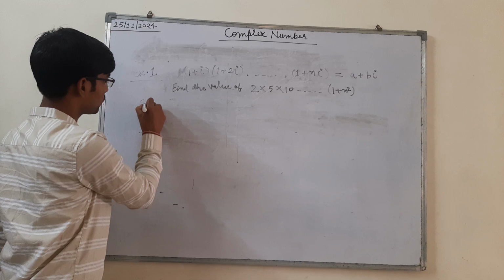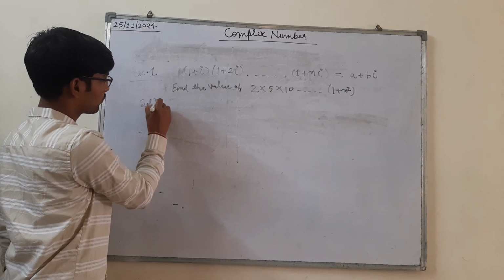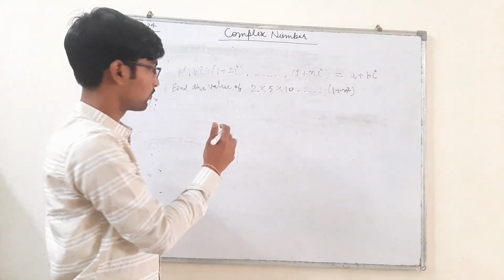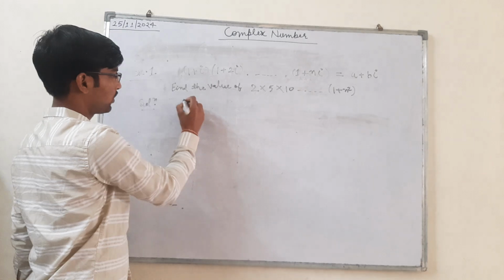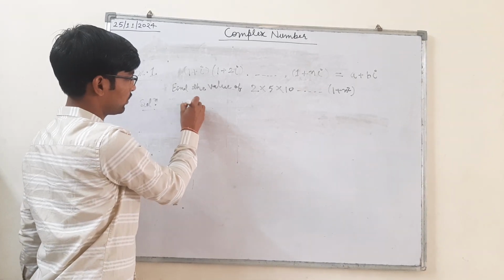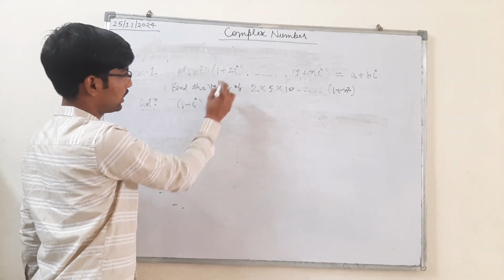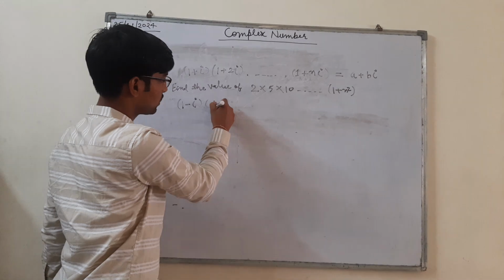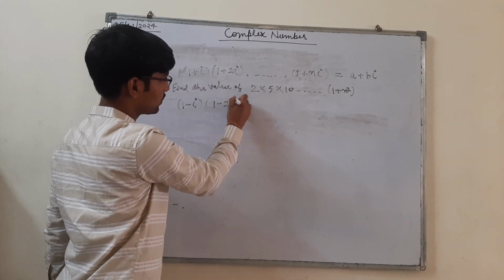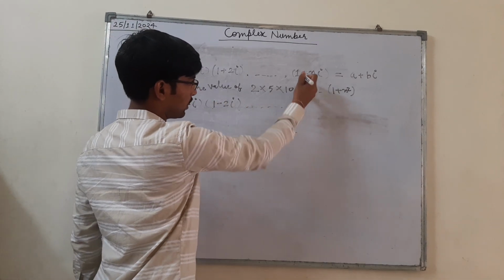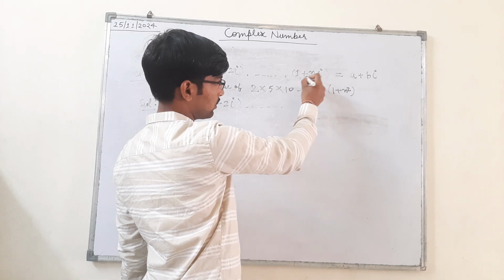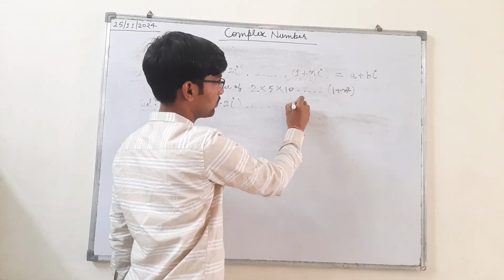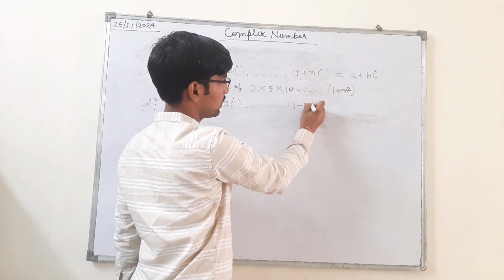Now for the solution of this, we take the conjugate of each one. The conjugate of 1 plus iota is 1 minus iota, and the conjugate of 1 plus 2 iota is 1 minus 2 iota. Till, the conjugate of 1 plus n iota is 1 minus n iota.